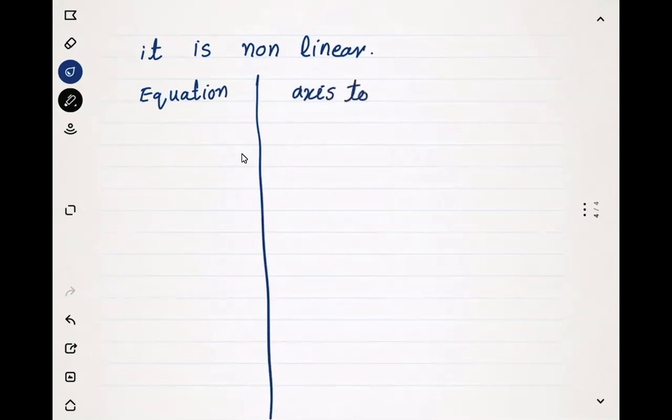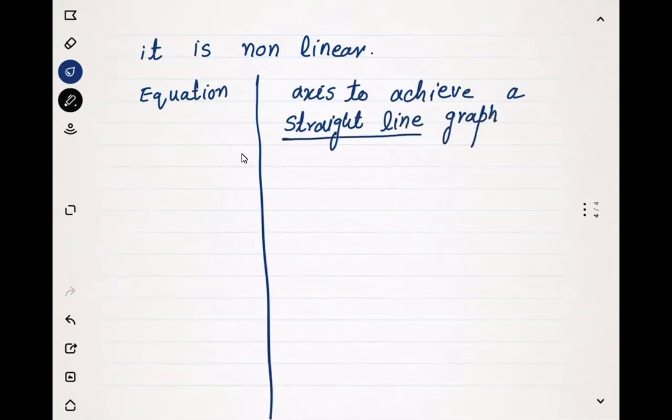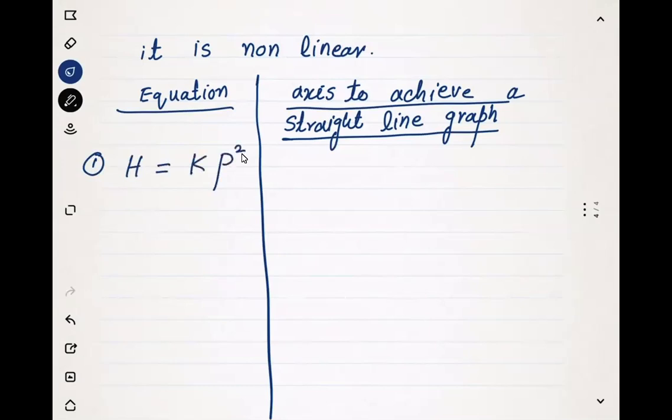To achieve a straight line graph, for example, you have this relationship, number one: H is equal to K times P square.